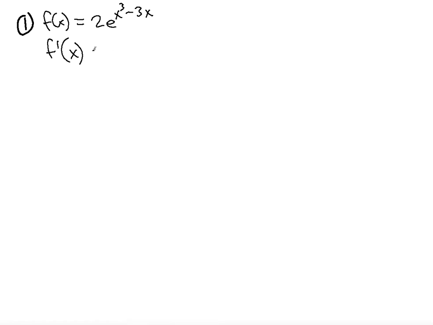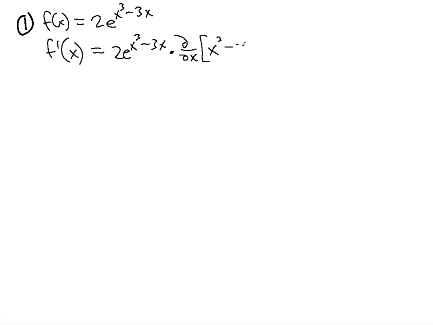So the derivative is basically going to be writing this whole thing as it's given, and then multiplying that by the derivative of the power. Okay, the derivative of this.